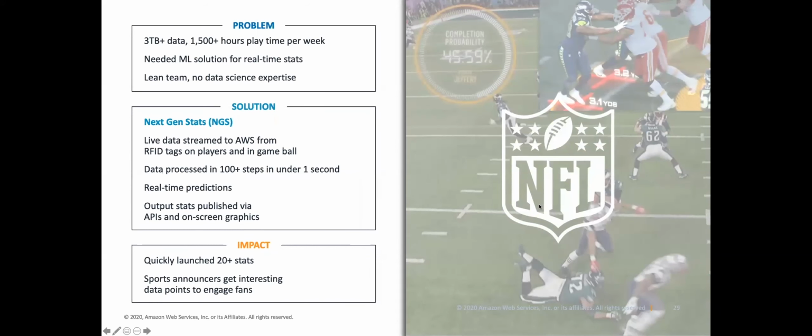The second use case is about lots of streaming data, RFID tags, because these players had these tags on their body and when they play games, that streams and collects a large amount of data, in terabytes or petabytes, daily, weekly, yearly, season-wide.